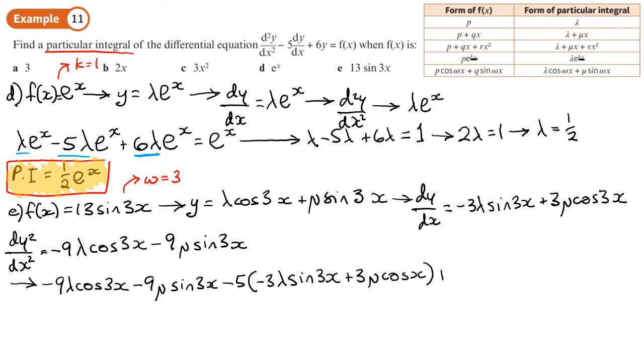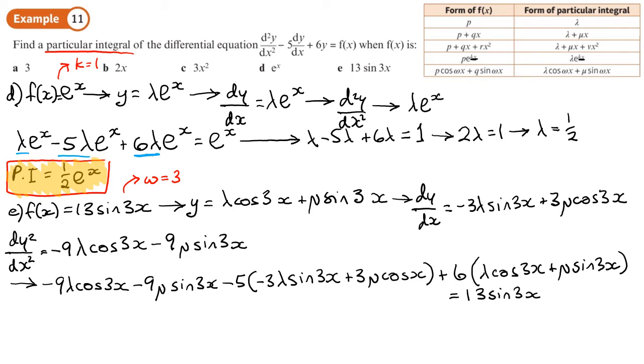And then we're going to add 6 lots of y, which is going to be this. And all of that is going to equal f of x, which is 13 sine 3x. So let's compare the coefficients.